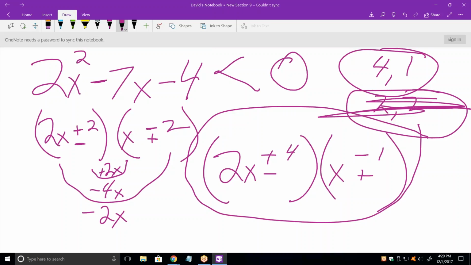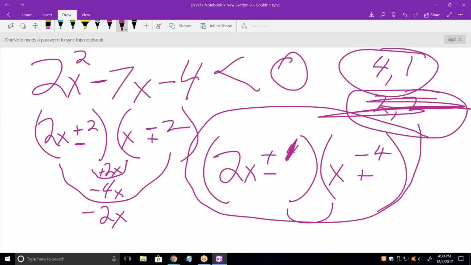So let's try our only other option. We'll put the 1 there and the 4 there. Now what do we get as a middle term? -3. Come on, Lachlan, do your arithmetic correct.